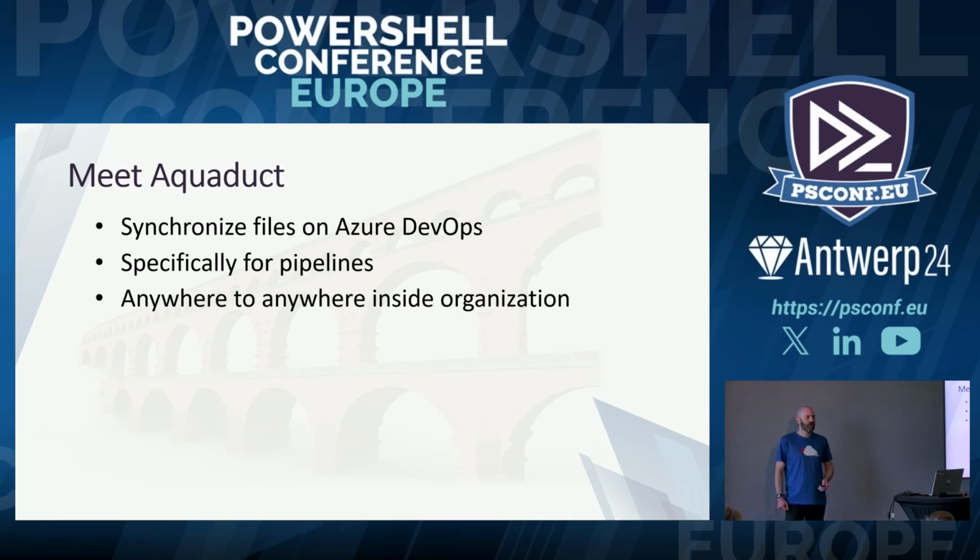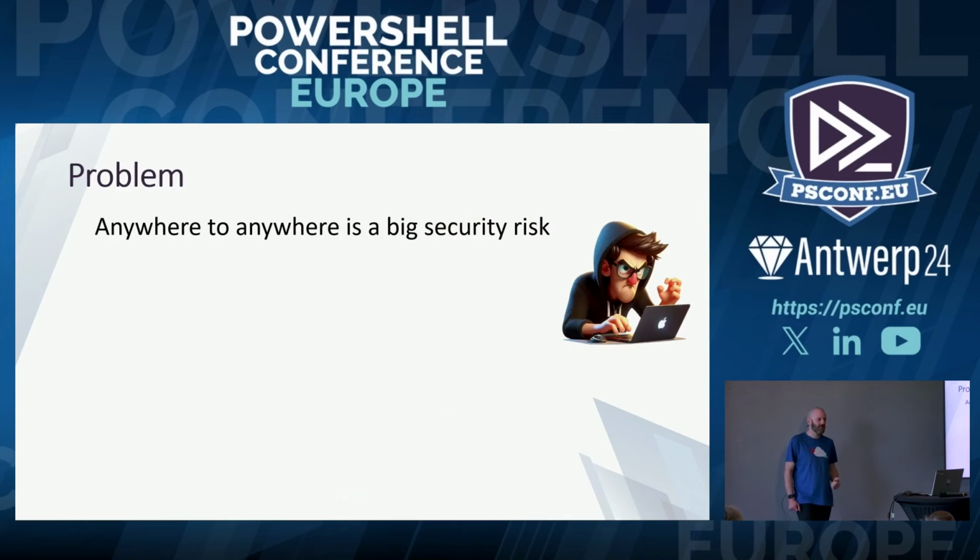For those with a security mindset who just got a heart attack, yes, any-to-any is a big security risk. You can imagine someone without proper access rights to a certain repository using Aqueduct to get files from there and gaining some information they shouldn't have. Perhaps sensitive customer data or a top secret repository for your colleagues.